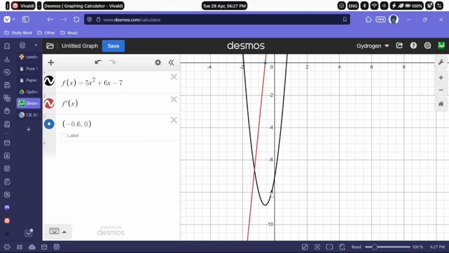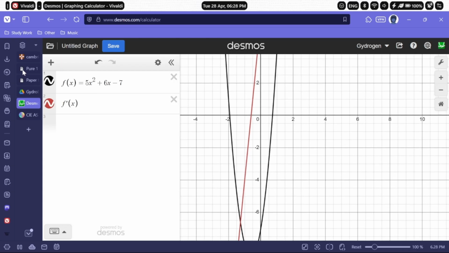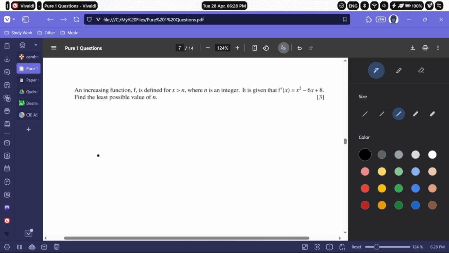And then if you go right below that, your turning point is at minus 0.6 comma minus 8.8. So whenever you have a curve that's turning, just to give you guys a sense, in this case, it's a maxima, right? You have a maximum point. So the gradient would be like this if you're looking at, for example, the point over here.